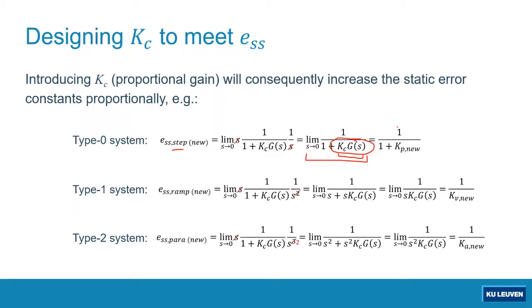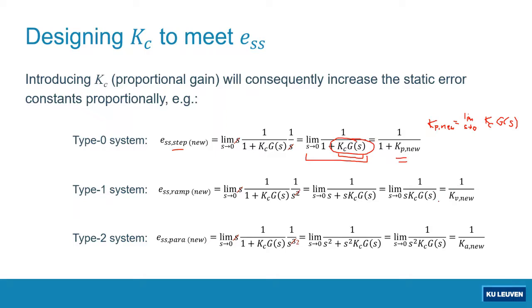Therefore, my new Kp is equal to limit s to 0 of Kc times G(s). This is my new Kp.